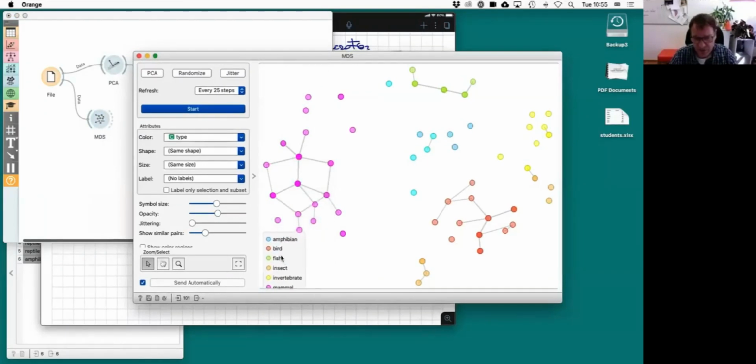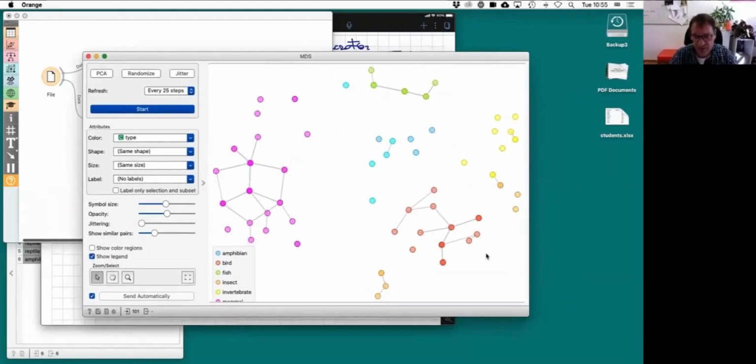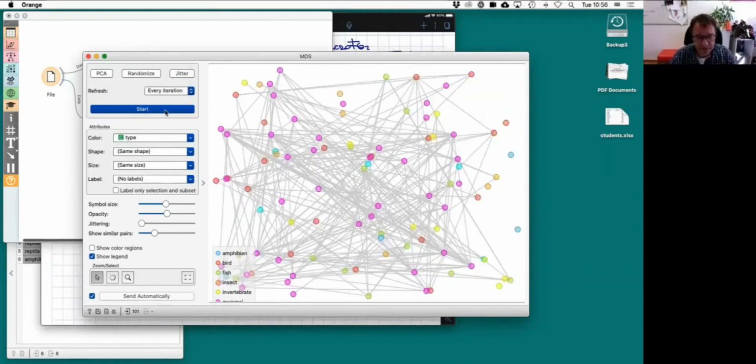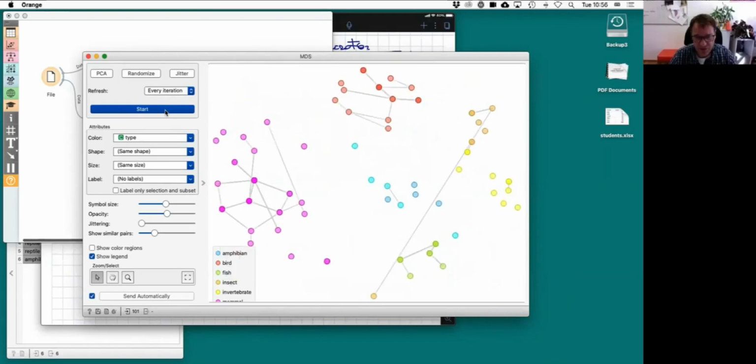In the low dimensions, the PCA and the MDS will usually be very similar to each other. Again, I think this is a sea snake, and this is probably the porpoise and dolphin. So it's kind of similar. It's also similar because it starts with the PCA and then tries to position the points such that the value of that equation that I showed you is minimized.